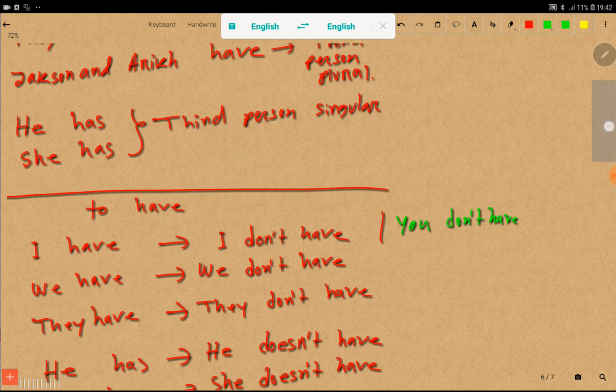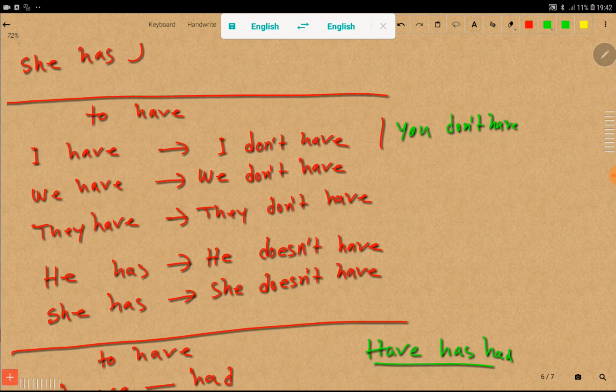Now how can you make it negative, right? Look at here. I have. What is the negative form of it? I don't have. So we have to use do not or don't, right? Or you have.